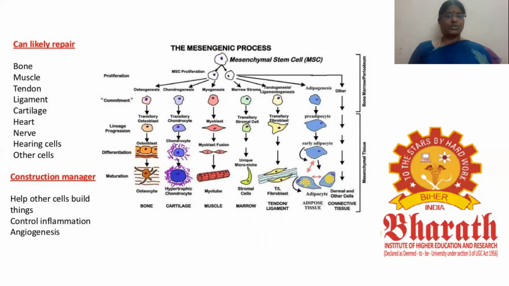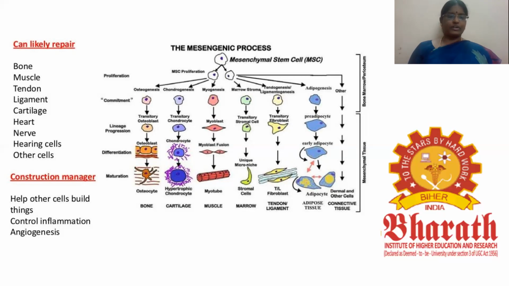The mesengenic process mainly includes the mesenchymal stem cell, and it has four types of process. First one is proliferation, commitment, lineage progression, and differentiation, which leads to the maturation process. And the maturation process will produce various types of cells like bone cells, cartilage cells, muscle cells, marrow cells, tendon or ligament cells, adipose tissue, and also connective tissue.